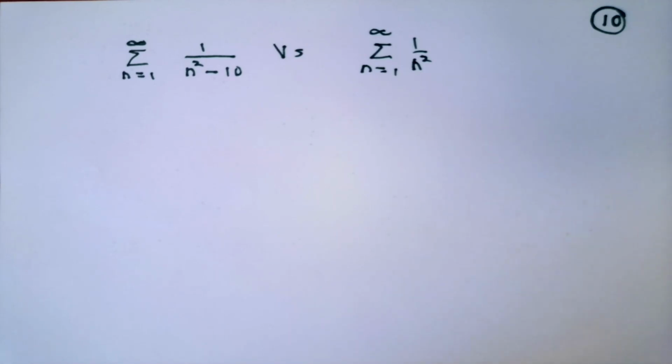The term out of one of my series is 1 over n squared minus 10. The other one is 1 over n squared. If I calculate the fraction of those two terms, take the limit as the index tends to infinity, and the result comes up a positive finite number, then I can draw a conclusion.